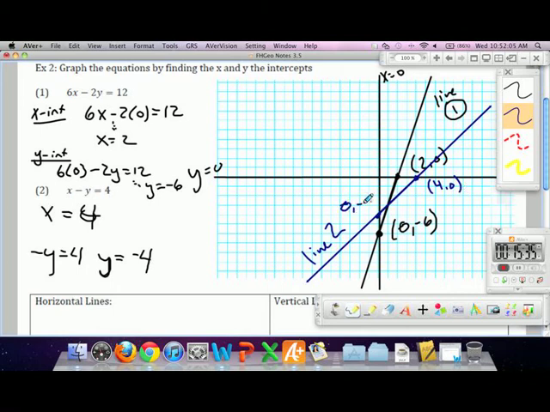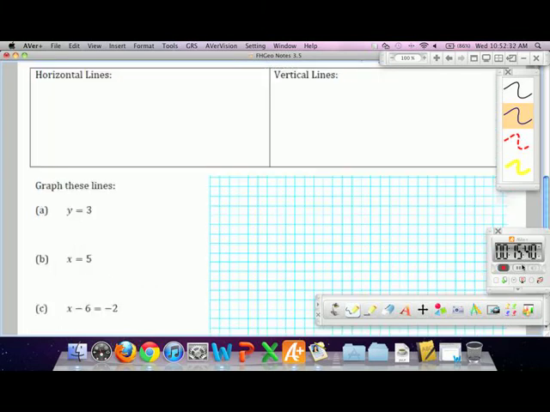Does anyone remember what the general form is of a horizontal line, what its equation is forced into looking like? y equals b. For vertical lines, x equals b. I like using the letter c, but it's basically the same thing. c is a constant or any real number.